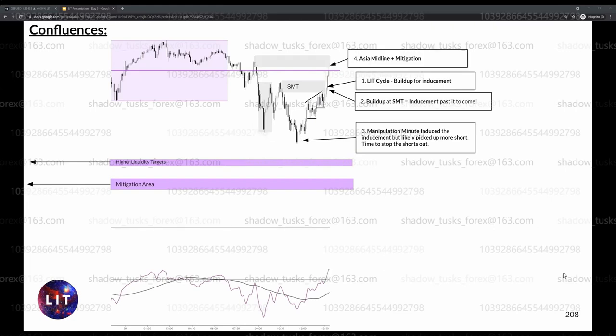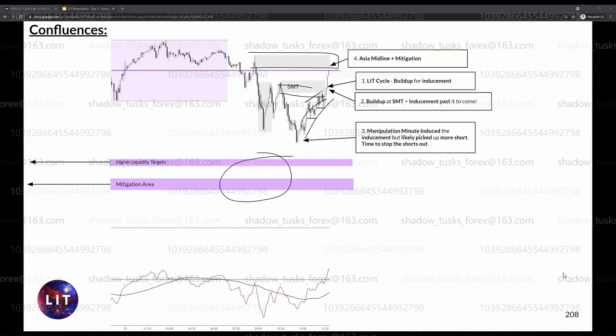Okay, so what else? Where's the next point we want to go look for? Build up smart money trap into inducement of the mitigation. Okay, again, there's the liquidity area to the left, right? So that's how they trick people all day long. You're looking for only the valid liquidity zones, which is of course Asia midline after smart money trap, after wrong cycle, not even taking out liquidity to the left.